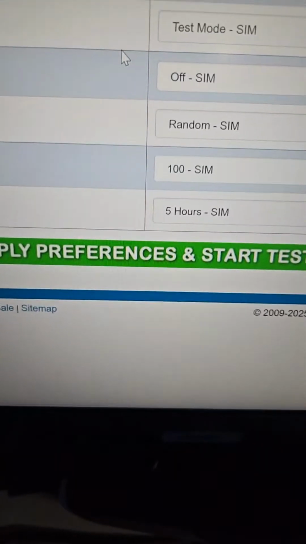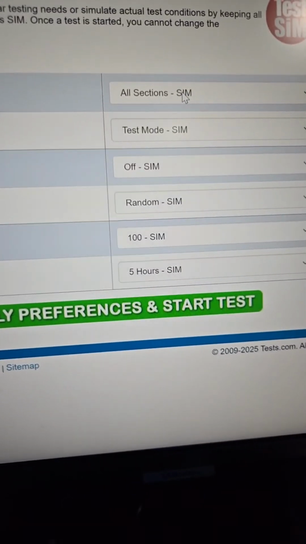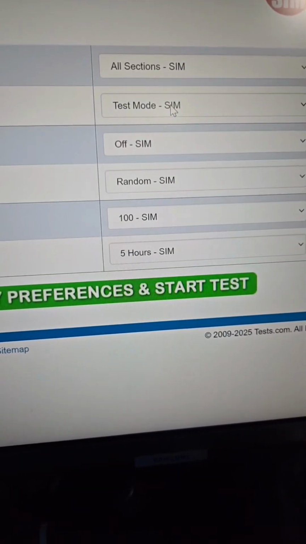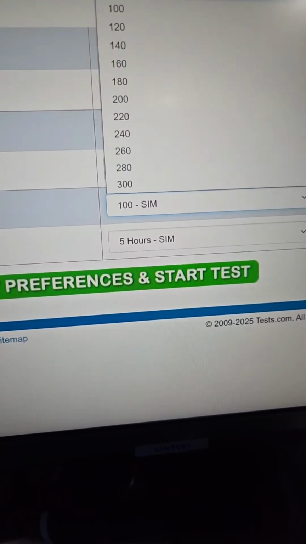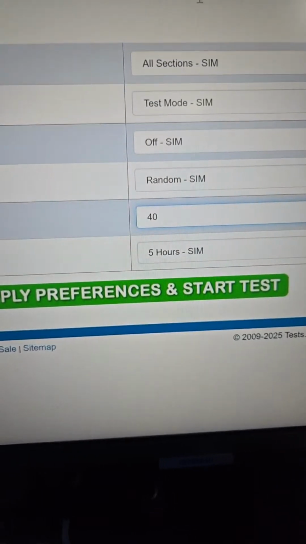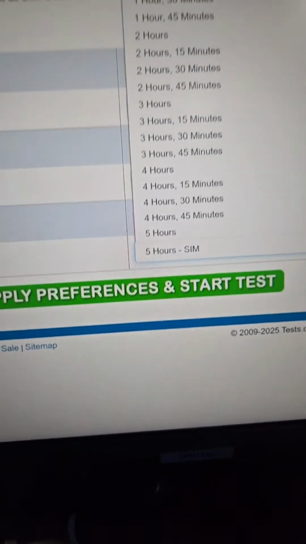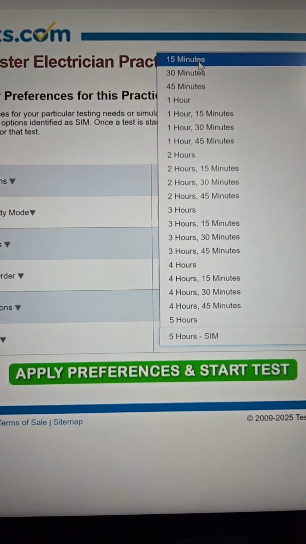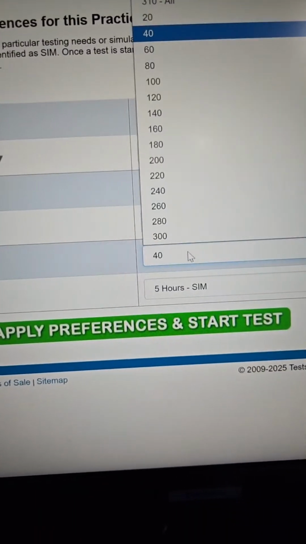Let me see. We will go with all sections. We'll go with test mode. Let's go with 40 questions. Let's make it doable.